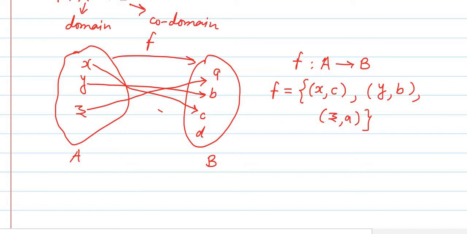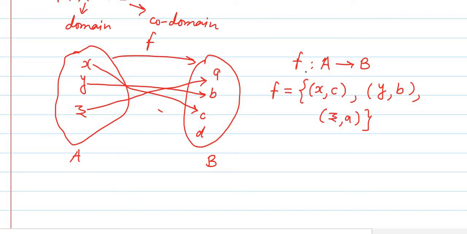Again we observe here that if we consider the first elements of these ordered pairs, then every element of set A appears as the first element of some ordered pair, and it appears in one and only one ordered pair, which means that both conditions are satisfied.